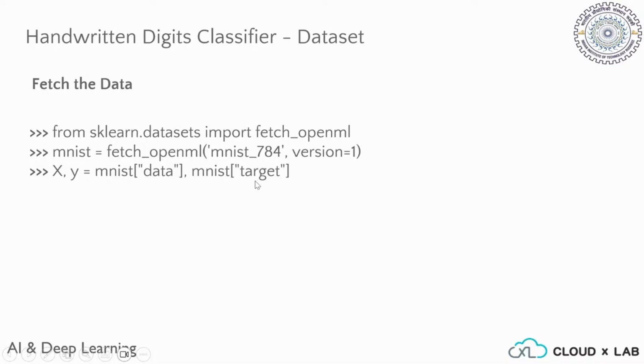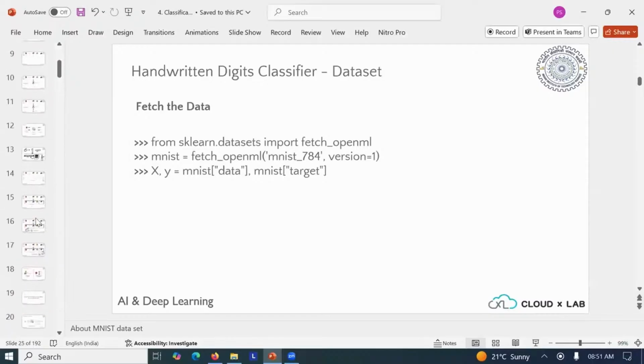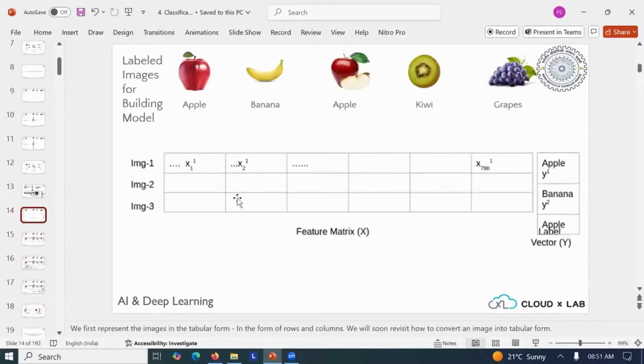So target means output label. By writing mnist['data'] and mnist['target'], I can extract the input X matrix and the output vector y from this data set.